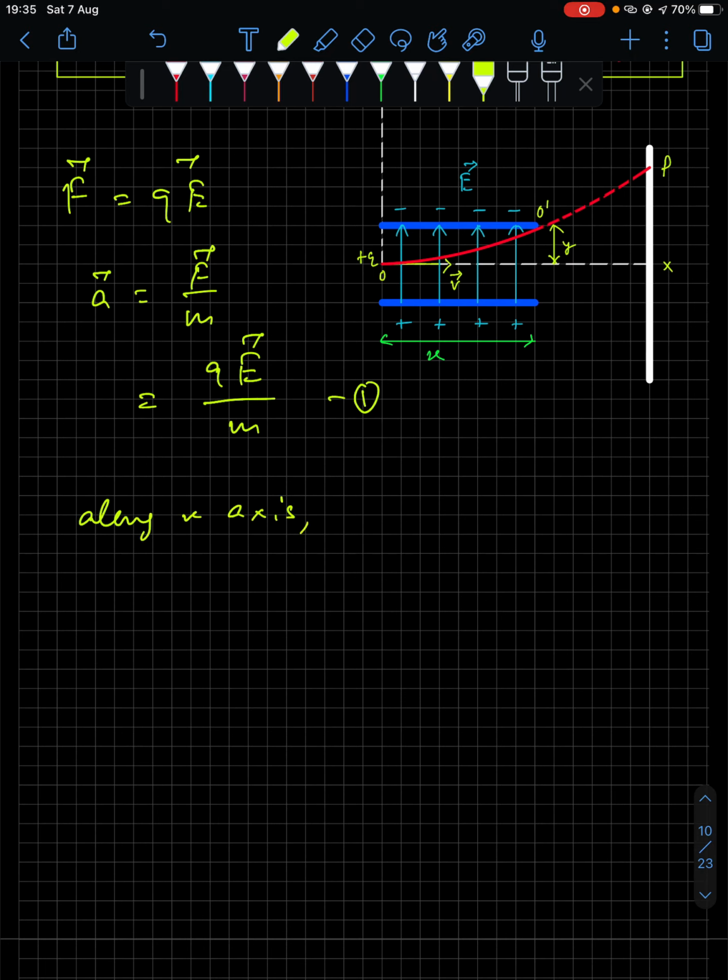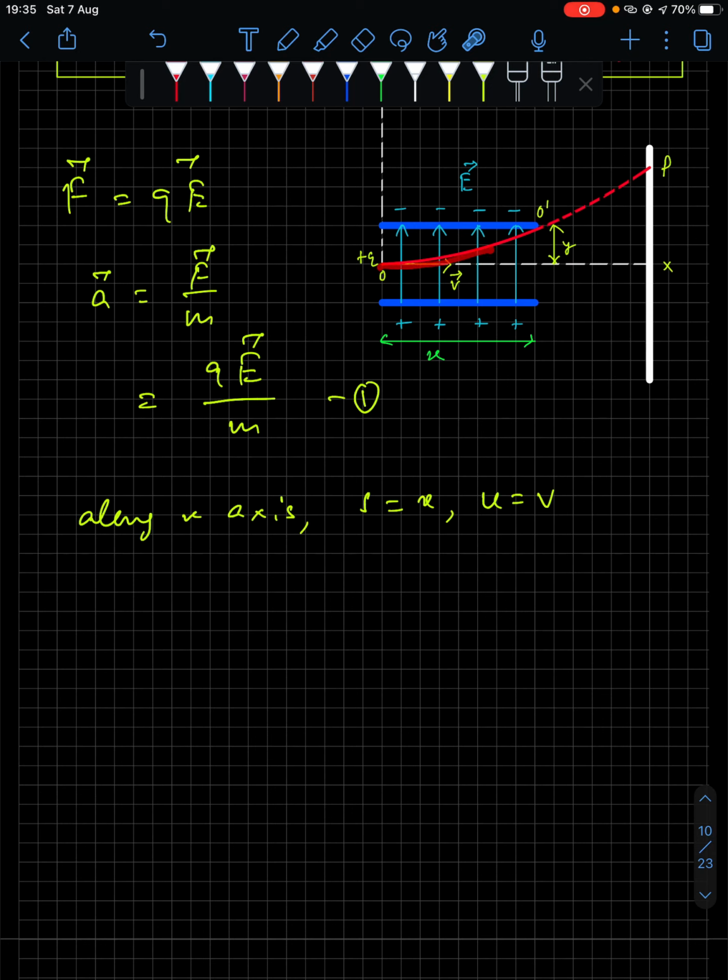Now you see along the x-axis what is happening. Along the x-axis, the distance traveled by the charged particle within the plate region is x, right? So s is x. The initial velocity and the final velocity along the x-axis will be the same, the reason being there is no acceleration along the x direction, there is acceleration in the y direction only.